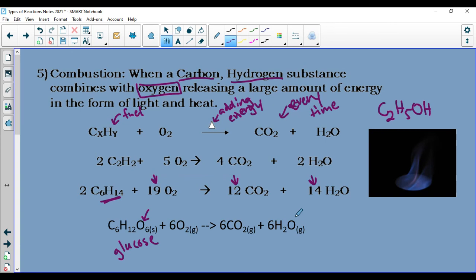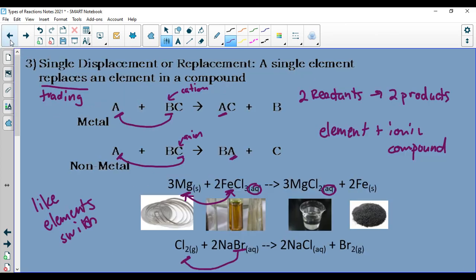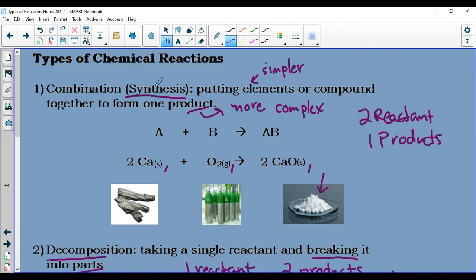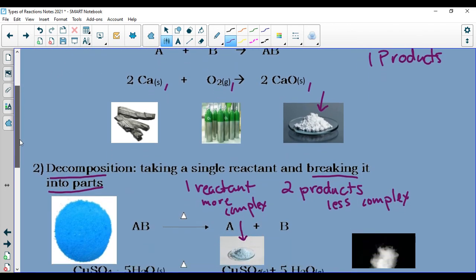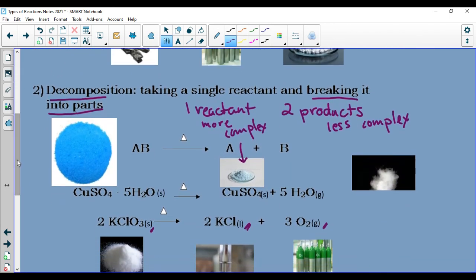So you've now learned about five different reactions. We started with synthesis. We talked about how things were put together to become more complex. We then mentioned that decomposition is really the opposite of that: I'm breaking something complex apart into simpler components.